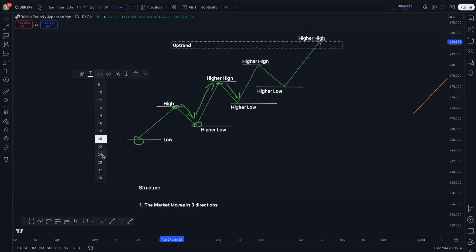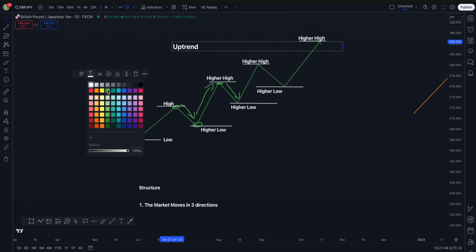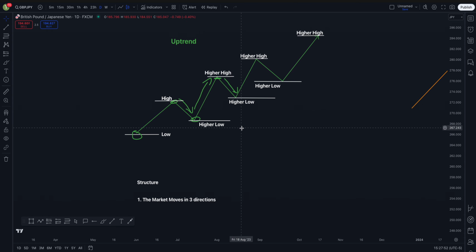What we can summarize from this is that in an uptrend, let's put this in green. In an uptrend, right? So, a key point: in an uptrend, price makes higher highs and higher lows.